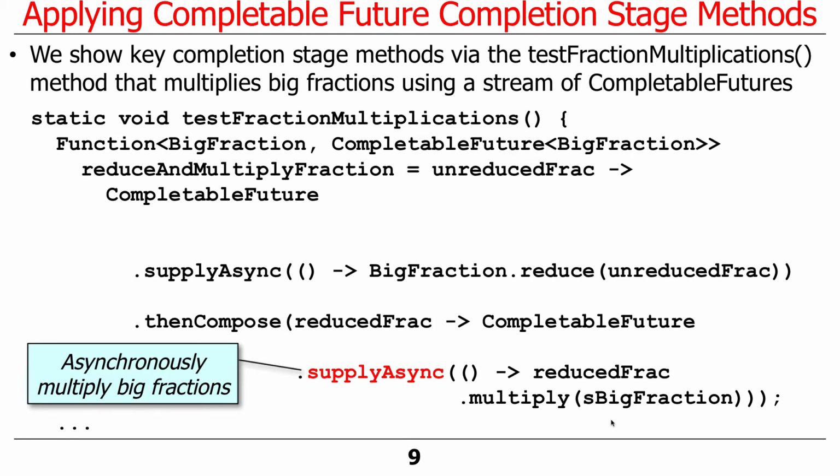So every unreduced fraction that was generated up to the limit will be passed via the map aggregate operation, that intermediate operation called map, which will then call this lambda function, reduce and multiply fraction, which will then go ahead and asynchronously do the reduction and do the multiplication. Right? So all that stuff is kind of chugging away, chugging away, chugging away. And then we compose the results, so we end up with a completable future to this whole thing.